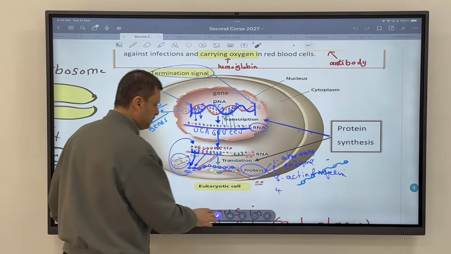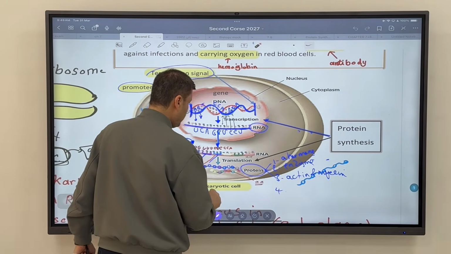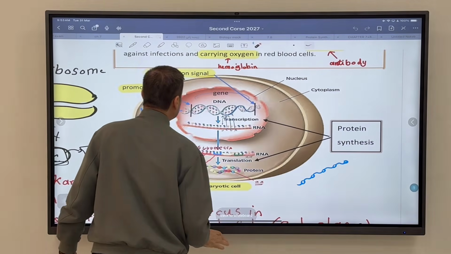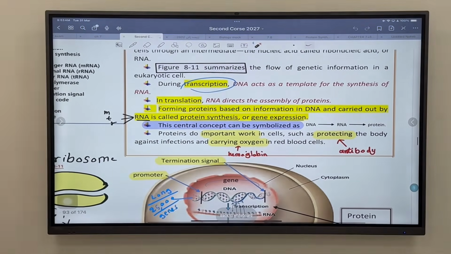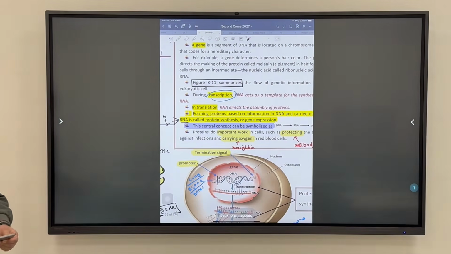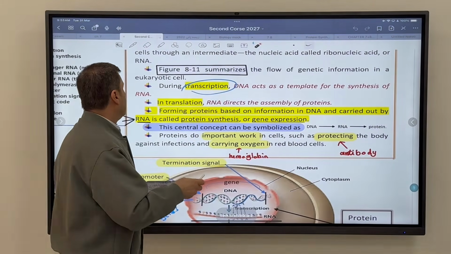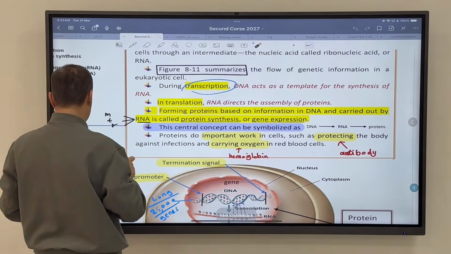Second one, you have to know other things for the subject. For example, look, you start at this point.